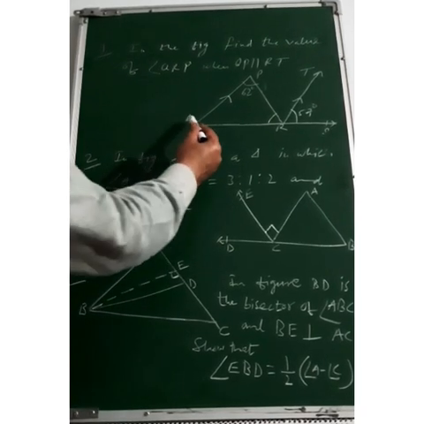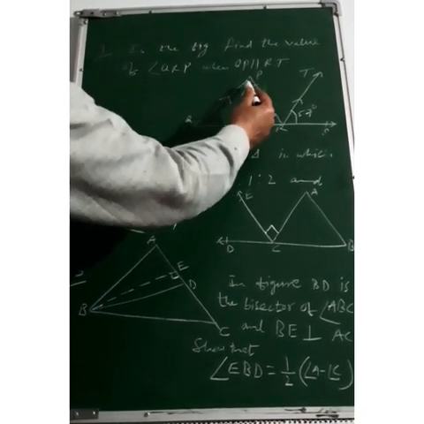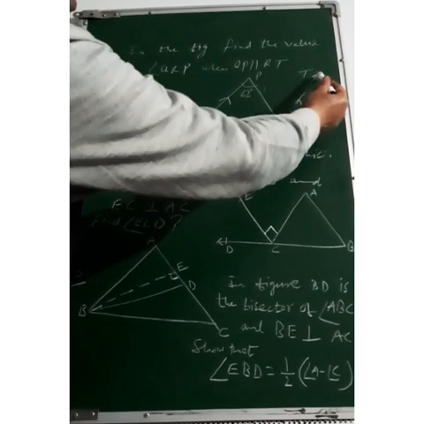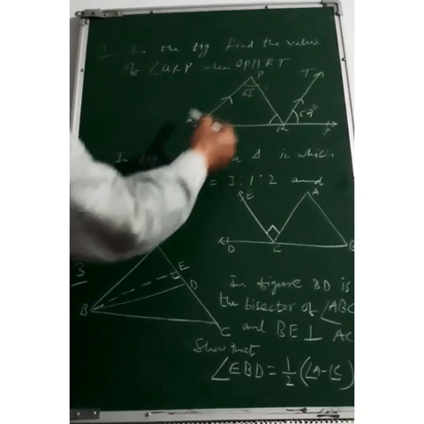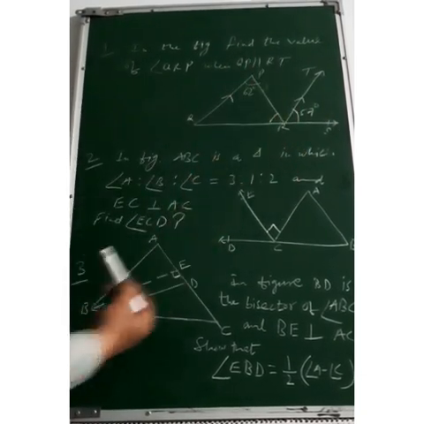The figure is given in which QPR is a triangle, P is marked at 62 degrees and angle TRS is equal to 57 degrees, where PQ is parallel to RT.